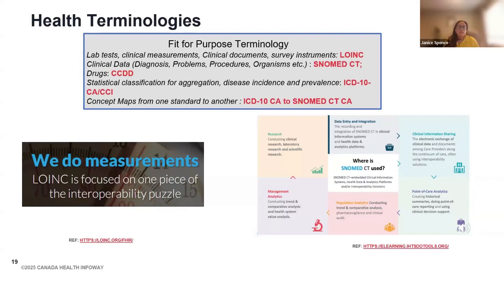And of course, SNOMED CT, having a richer semantic framework, being polyhierarchical with a full taxonomy, is also good for information management, analytics, clinical information sharing, and secondary use such as research and population analytics. So it's a very fulsome and rich terminology that also adds to the value proposition of having terminologies combined for data sharing.